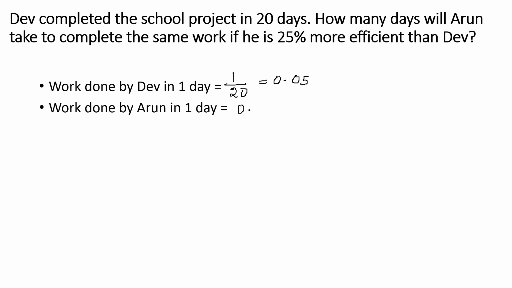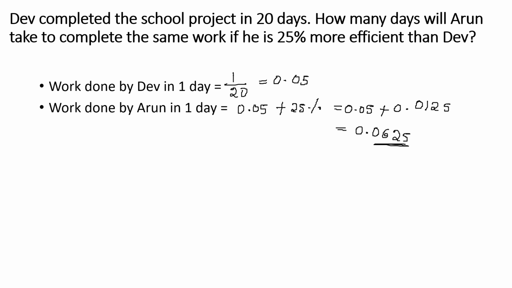So that means this is the work done by Dev plus 25% extra. So that will be equal to 0.05. So 25% of 0.05 will be 0.0125. Okay. So total efficiency will be, work done will be 0.0625.